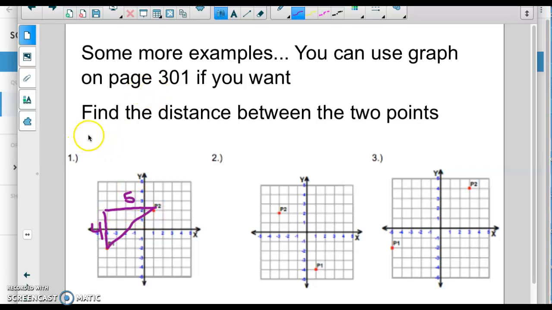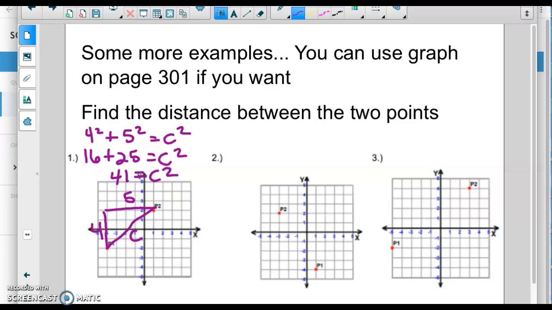I'm going to do something called the Pythagorean Theorem to solve for C. So 4 squared plus 5 squared equals C squared. I'm solving for my distance or my hypotenuse. 16 plus 25 equals C squared. So 16 and 25, I'm going to get 41 equals C squared.